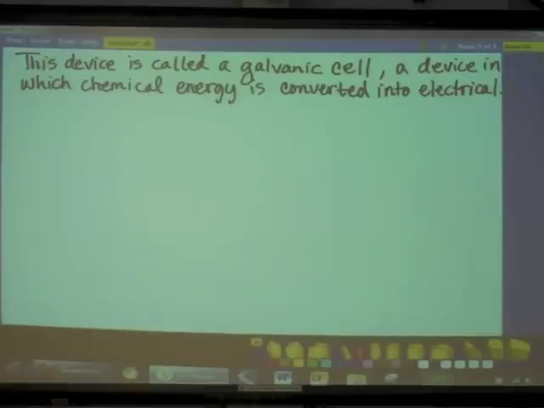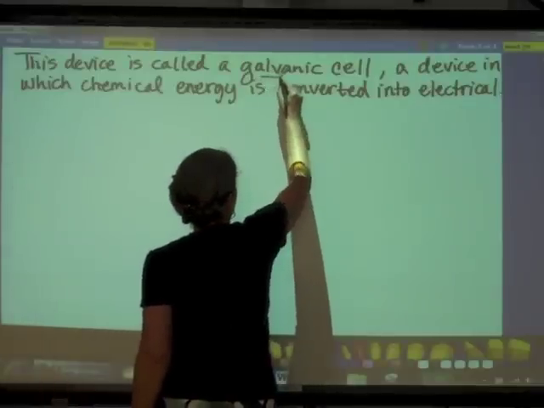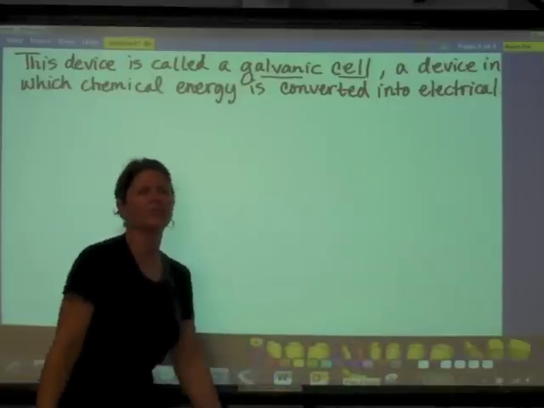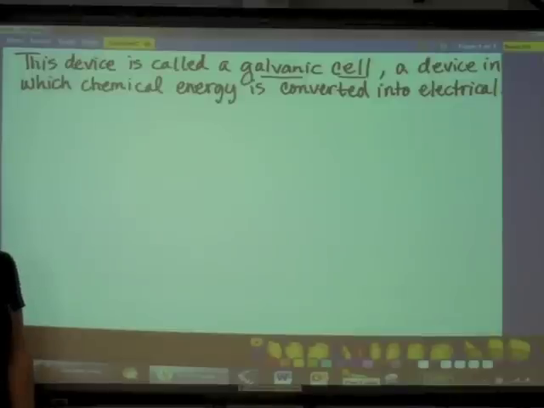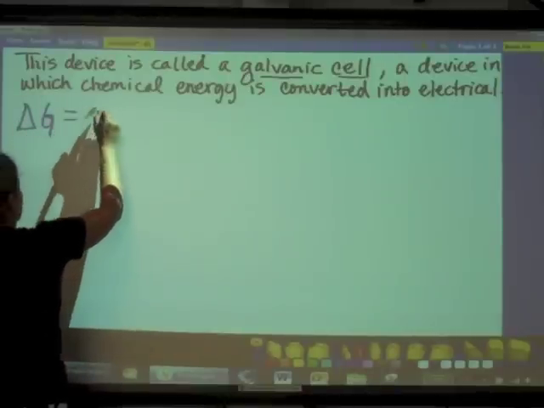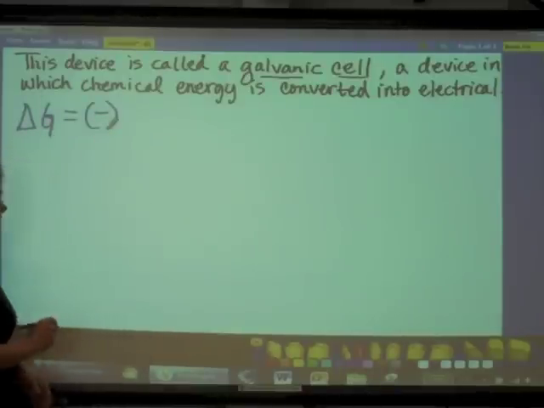That means that galvanic cells have a delta G of what? Are they positive or negative? Delta G is always negative for a galvanic cell. It's always spontaneous.